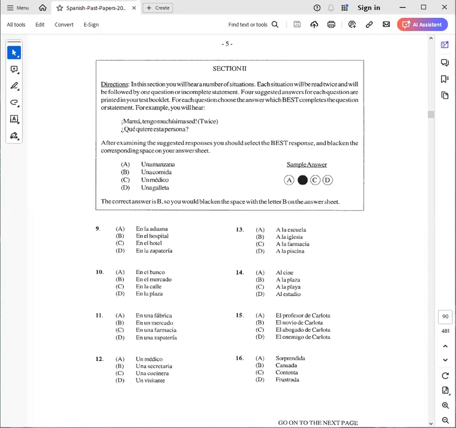Ay, qué tráfico. ¿A qué hora voy a llegar a casa? ¡Ay, qué tráfico! ¿A qué hora voy a llegar a casa? ¿Dónde está esta persona?